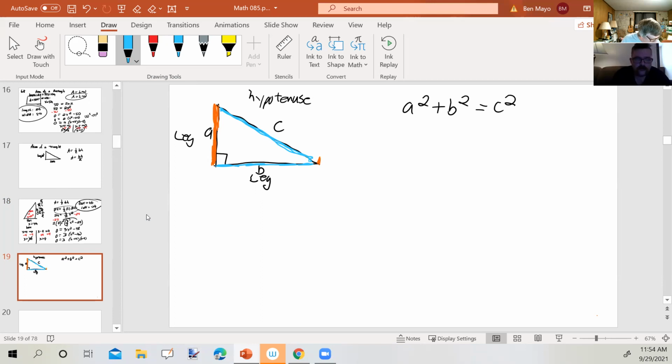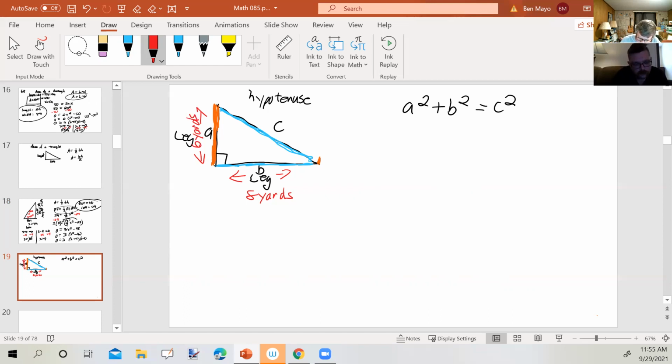So it says a builder of a high ropes adventure course wants to secure a pole by attaching a support cable from an anchor stake 8 yards from its base. So this distance right here is 8 yards to a point 6 yards up the pole. So this distance here is 6 yards. Okay. How long should the cable be?